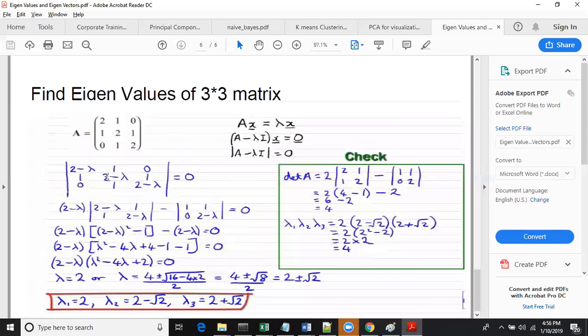So 2 minus lambda, and this equation has been transformed as per this one: A minus lambda I times x bar is equal to 0. And if you see the determinant, it is 2 minus lambda into this determinant, minus 1 into this one, and this and this one.